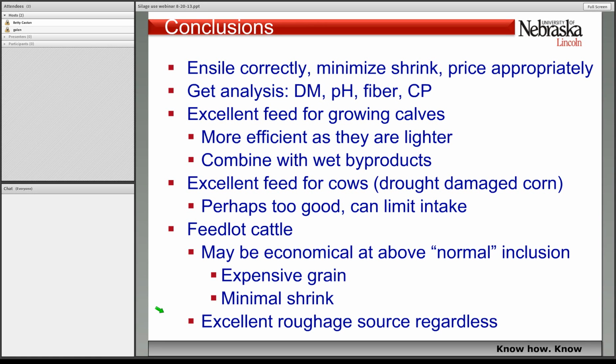Either way, silage is an excellent roughage source for feedlot cattle, and that would be at a 15% inclusion, regardless of what happens here in the future on economics. So there's a lot of flexibility from year to year in using silage, either at a normal level or at elevated levels if it's economical.